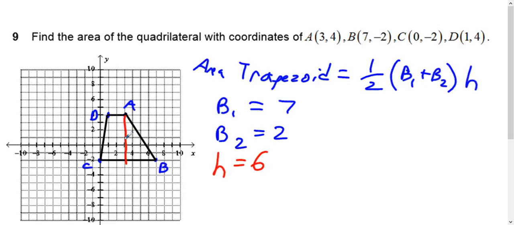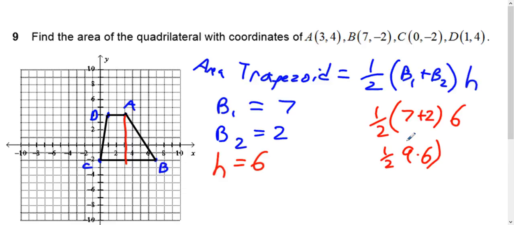So you plug that into the formula for area, you get 1/2 times 7 plus 2 times 6. So that's 1/2 of 9 times 6. That's 27.